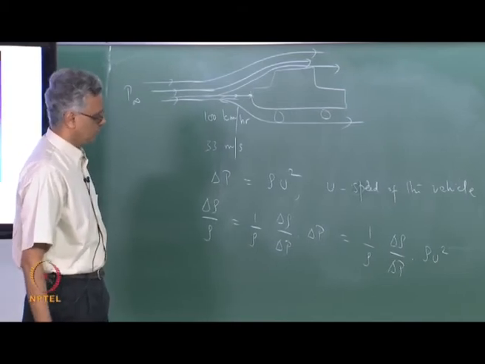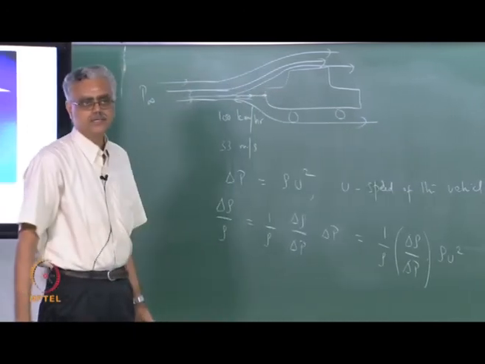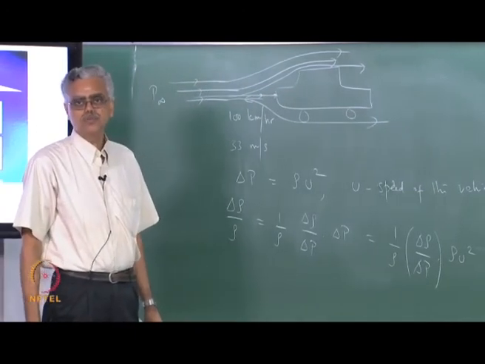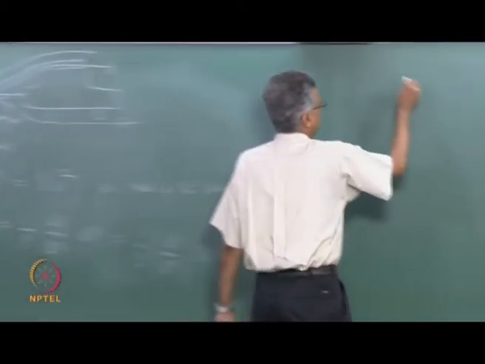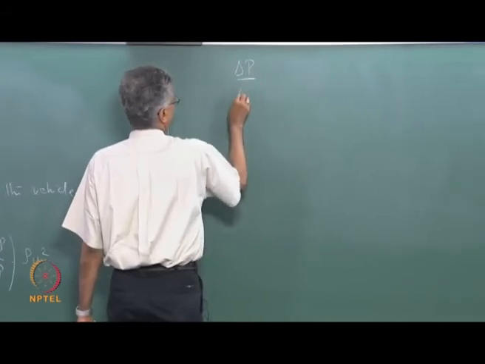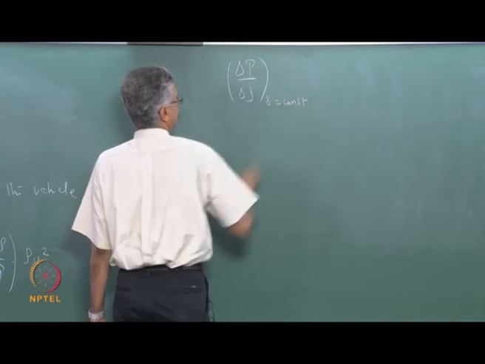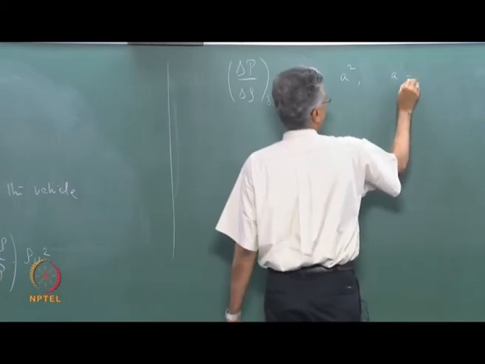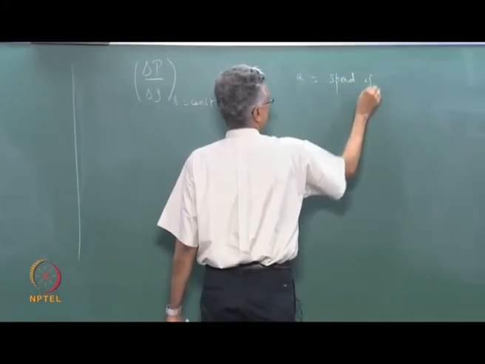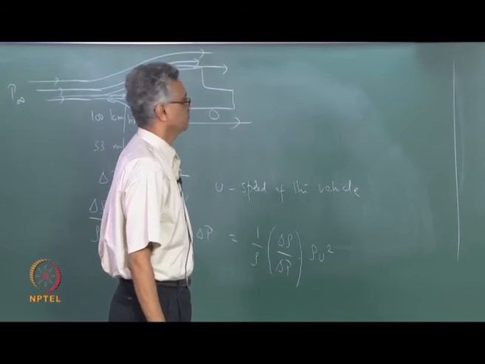Now most of you know from your high school physics that this quantity, if you evaluate it for an isentropic process, is the square of the speed of sound. So we know from high school physics that delta P over delta rho at constant entropy, which is an isentropic process, is nothing but the square of the speed of sound. So A is the speed of sound. Right.